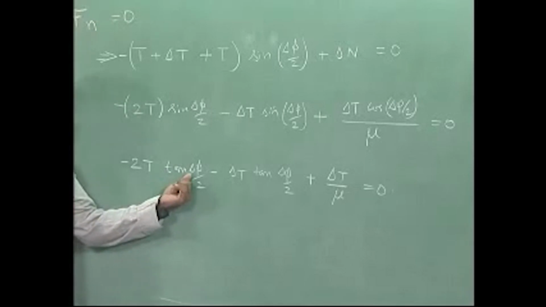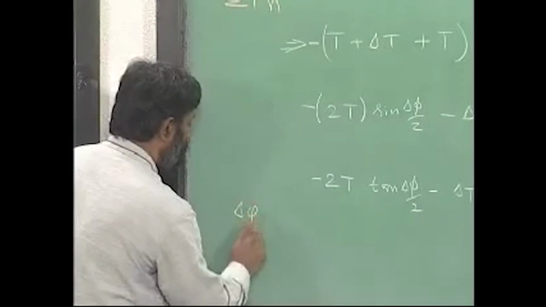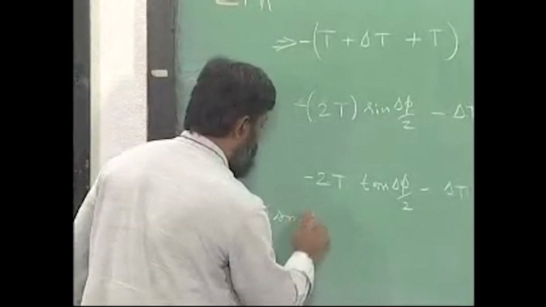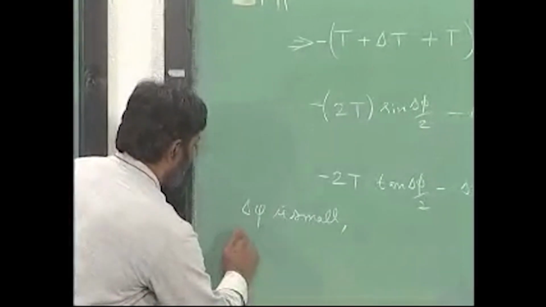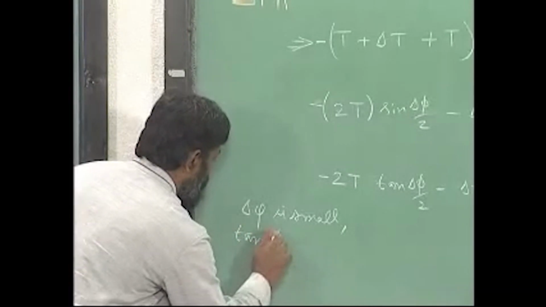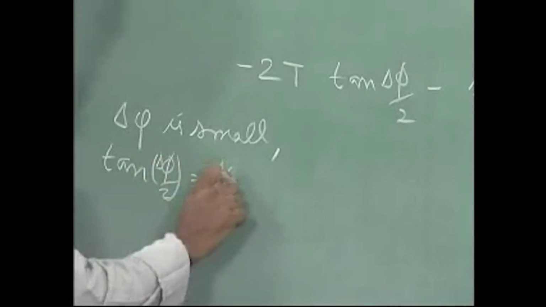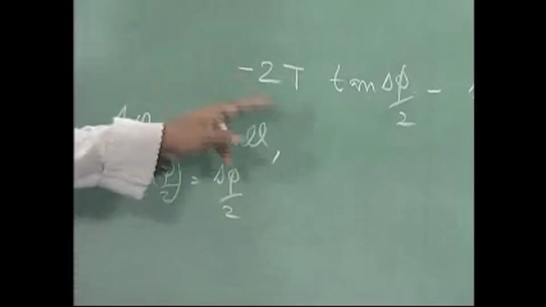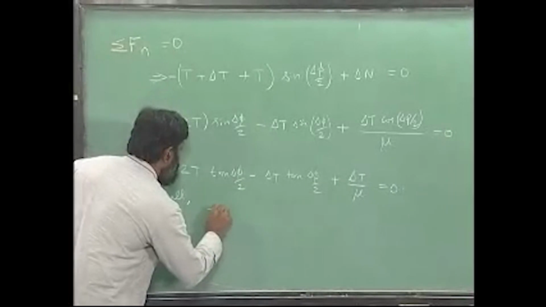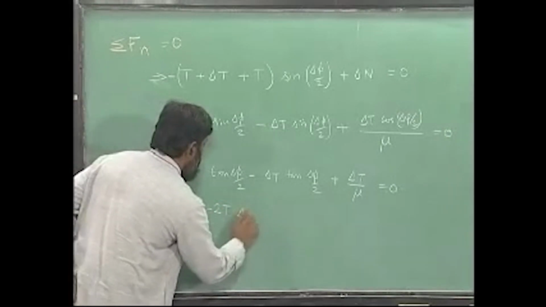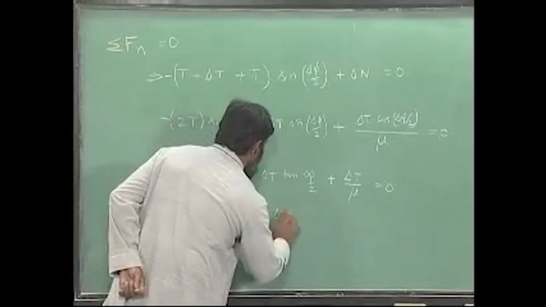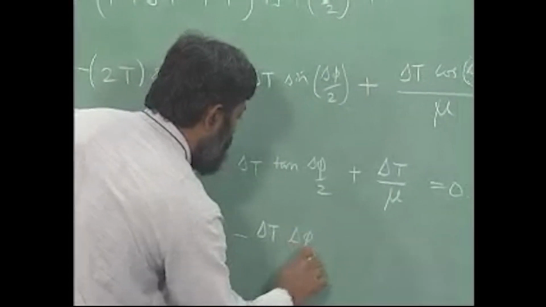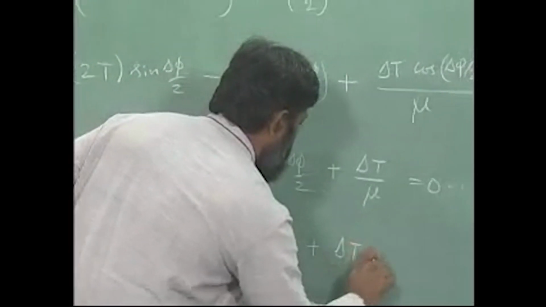Now, when delta phi is small, tan delta phi by 2 is equal to delta phi by 2. Using that relationship, we get minus 2T delta phi by 2, minus delta T delta phi by 2, all right, plus delta T by mu is equal to 0.